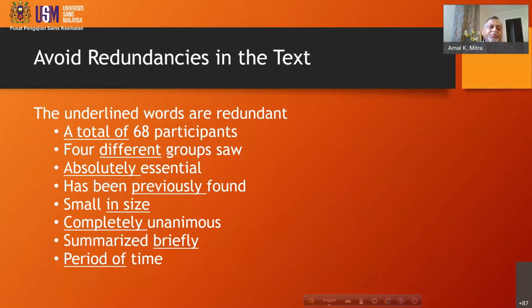Okay, now a few things I should talk about writing the text. Redundancy is a bad thing. When you write the text, avoid redundancy. You can see many examples here. The underlined words, these are redundant.